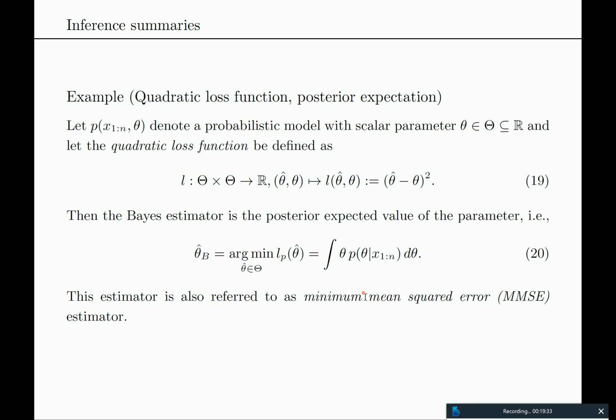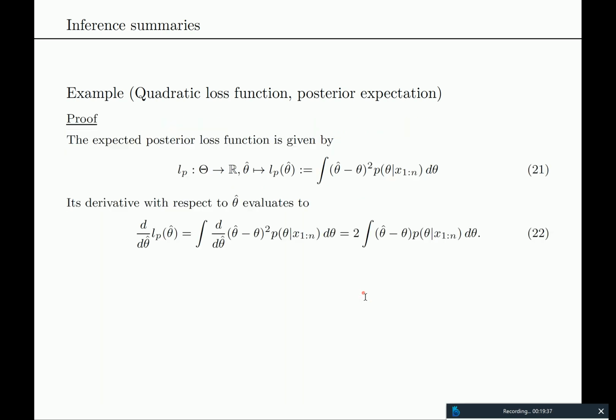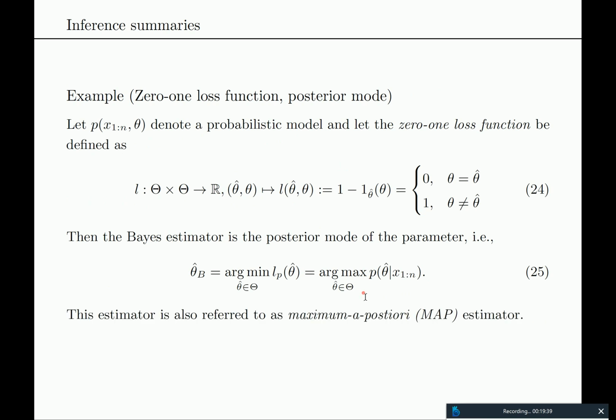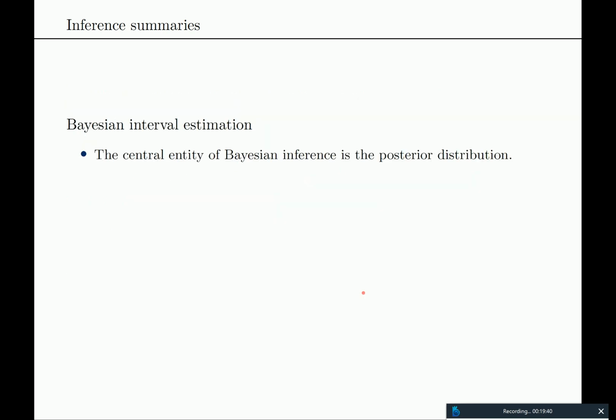No. Any other questions? Good. So a little bit shorter, the summary in terms of Bayesian intervals. Again, the central entity is the posterior distribution. You can argue that just dealing with the posterior distribution is sometimes too much, and you now want to know something about an interval.